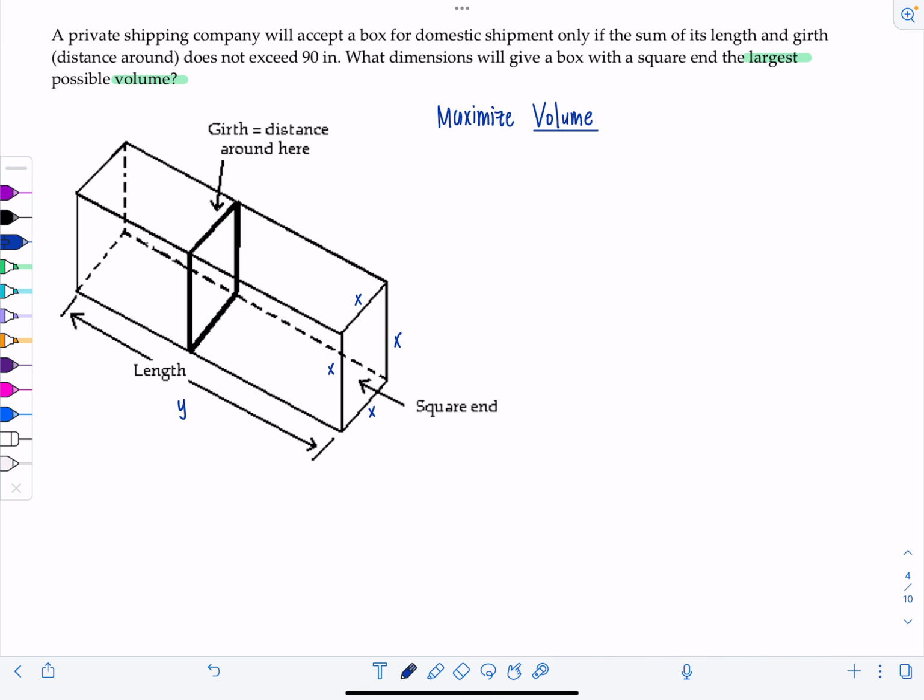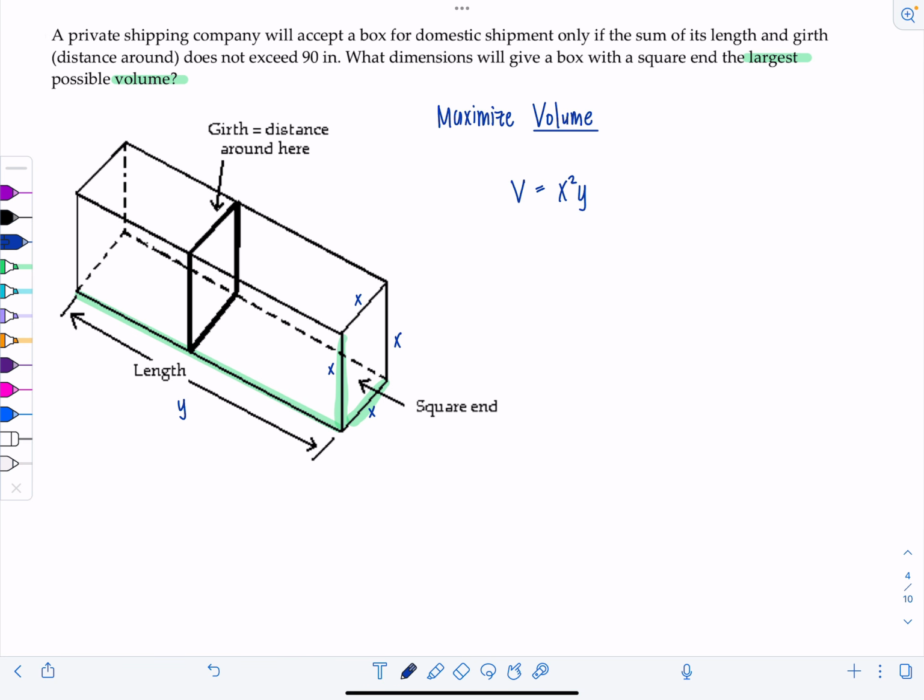Also, don't use d for distance because when we take derivatives, we write d a lot. Can you come up with the formula for volume? It's just length times width times height. However you slice it, it's x squared y. Volume is x squared y.